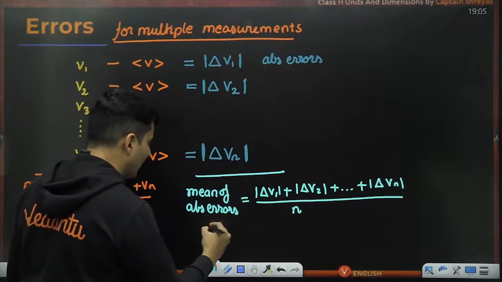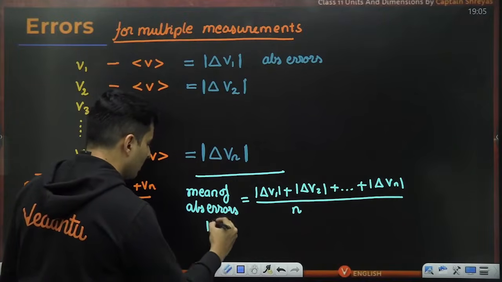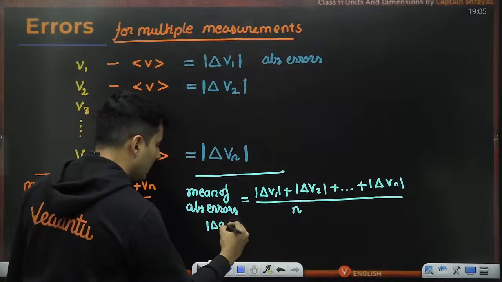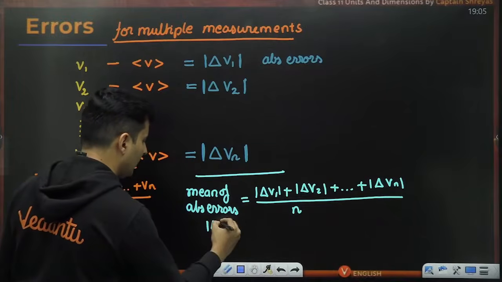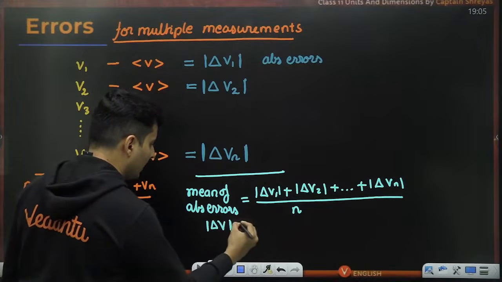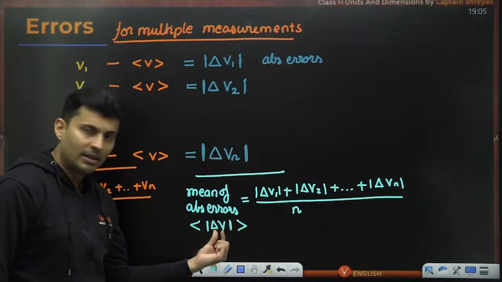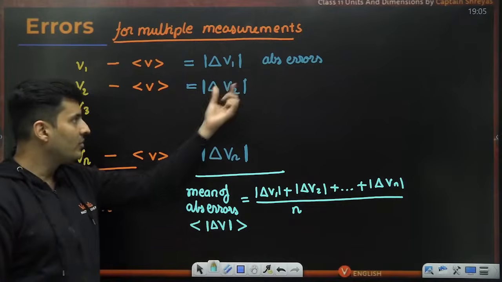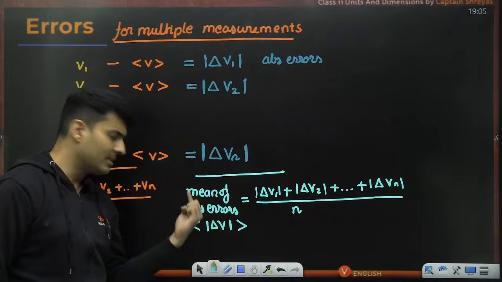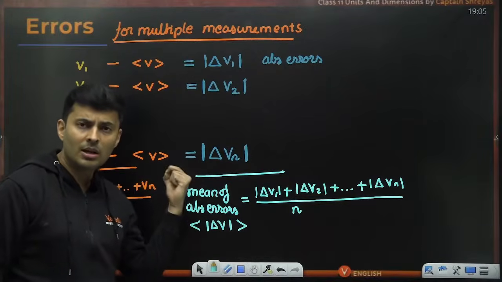The symbol for that: you take the errors, delta V, mod of that, and then put triangular brackets. Delta is the difference, mod is absolute, and the triangular brackets signify the average or mean value.